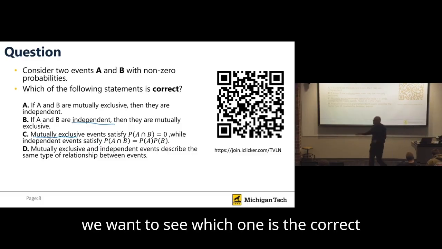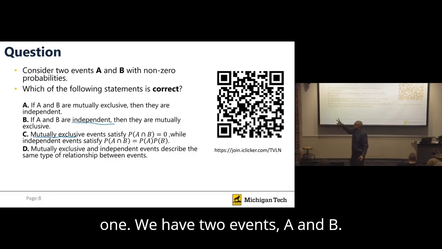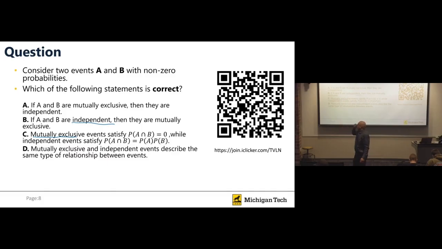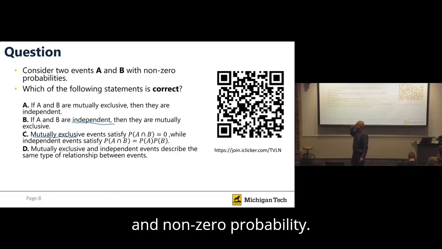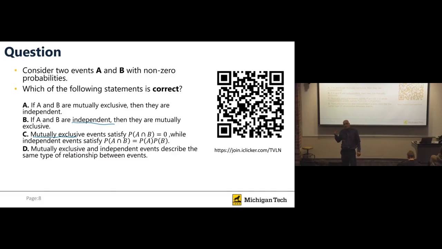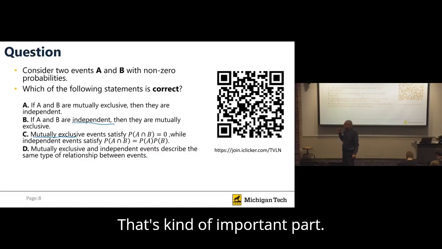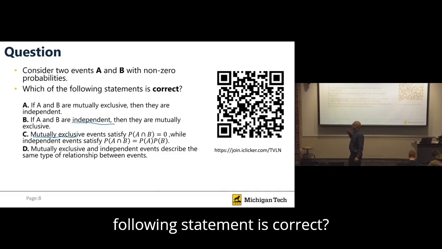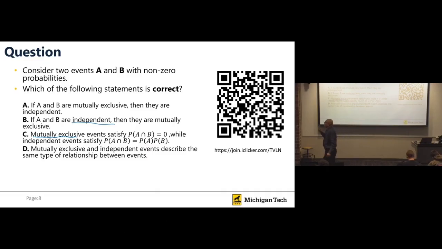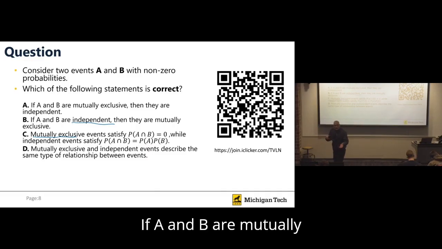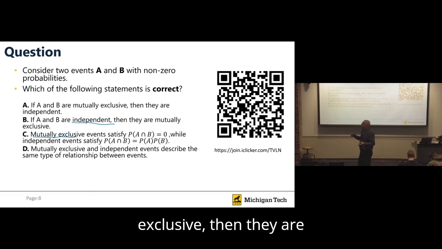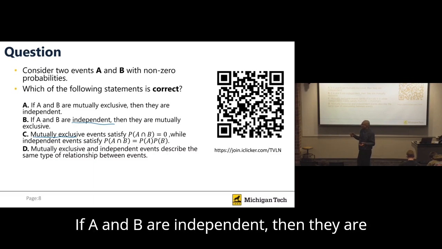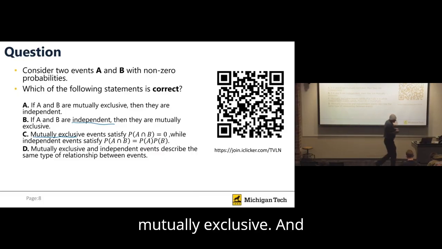Okay, so we want to see which one is the correct one. We have two events, A and B, with non-zero probability. That's an important part. Which of the following statements is correct? If A and B are mutually exclusive, then they are independent. If A and B are independent, then they are mutually exclusive.